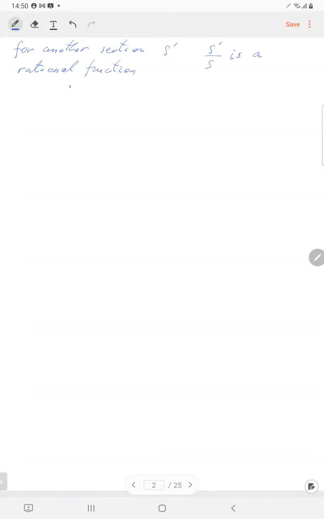So the difference D prime minus D is the divisor of this rational function, which means it's a principal divisor.